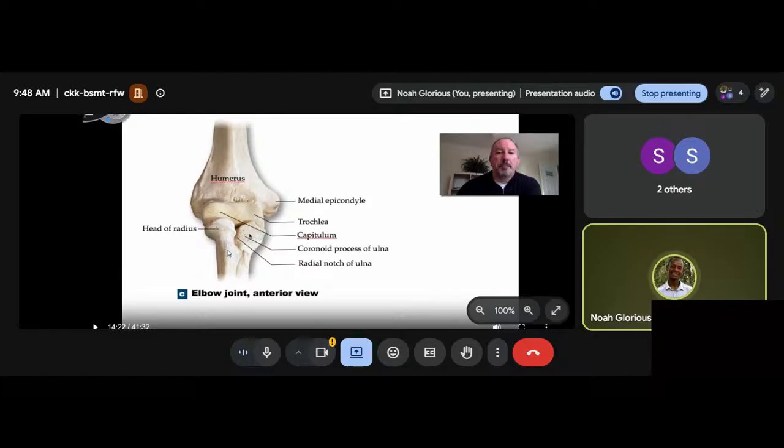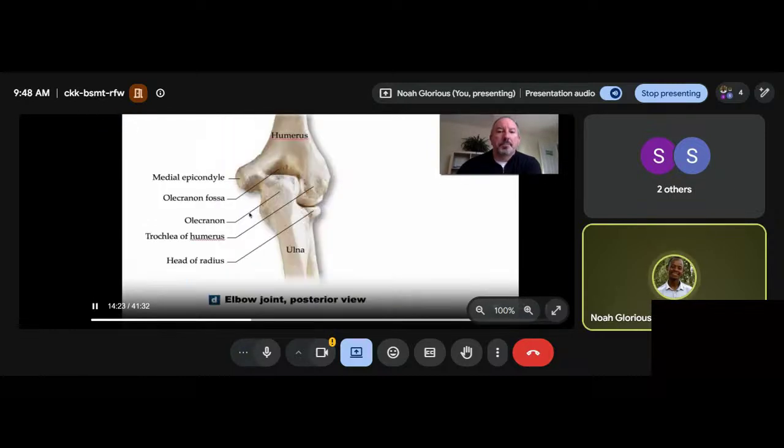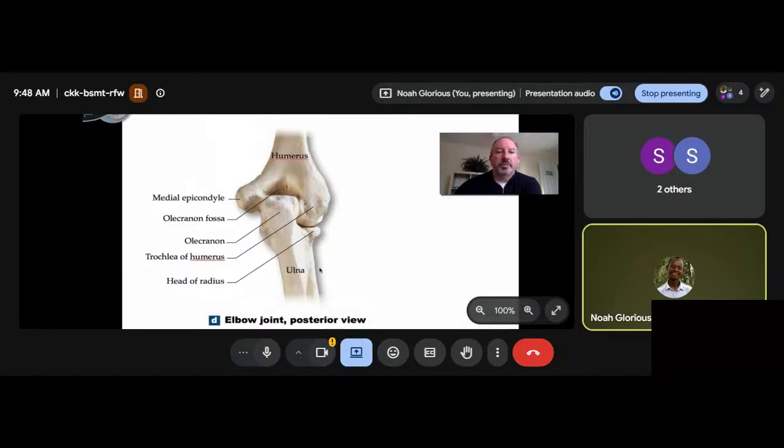Now we have the elbow, and then we have the capitulum. Let's just follow, and it will be easier for us to understand. Yes, you can see now that opening that we said here, at this region. We said there are two of them, where it will fit exactly in that one.